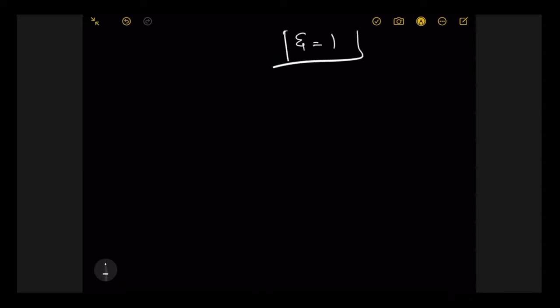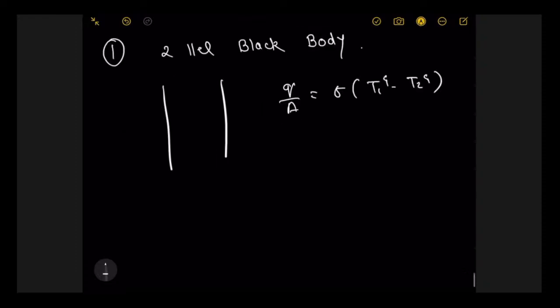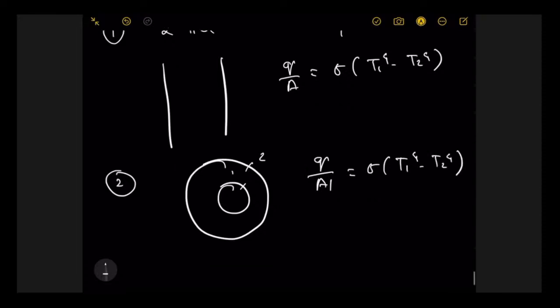So the first case is two parallel black bodies, like this. So here Q by A equals sigma T1 to the power 4 minus T2 to the power 4. Second, black body inside black body. It is 1, it is 2. So Q upon A1 equals sigma T1 to the power 4 minus T2 to the power 4.